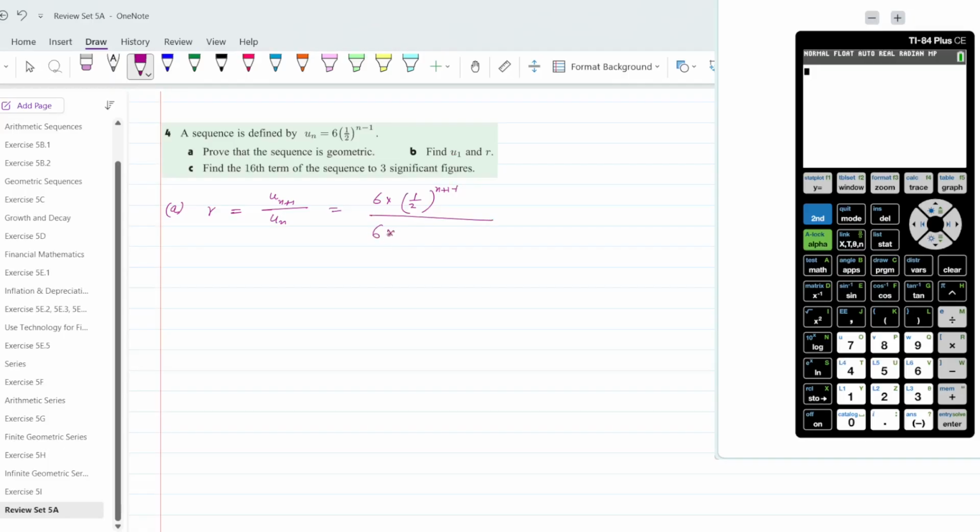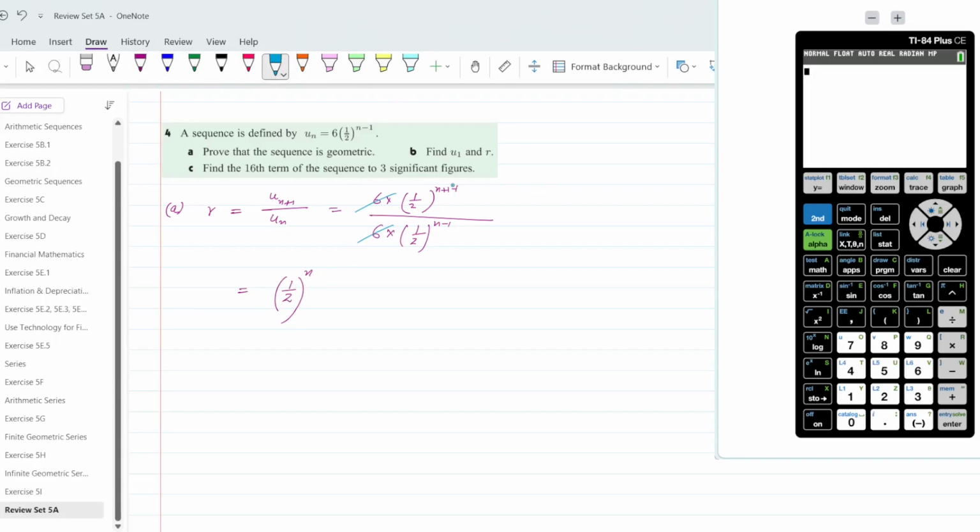divided by 6 times half. Now this is un, therefore this term will come as it is. This 6 will cancel this 6, and this is going to be half raised to the power.